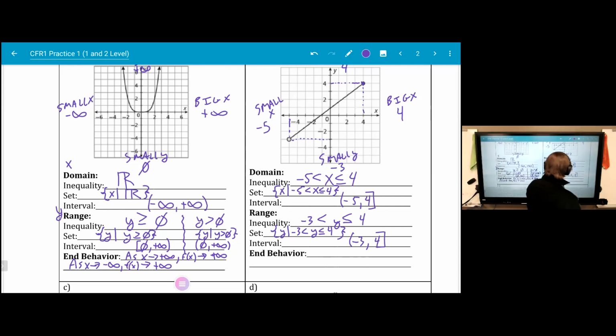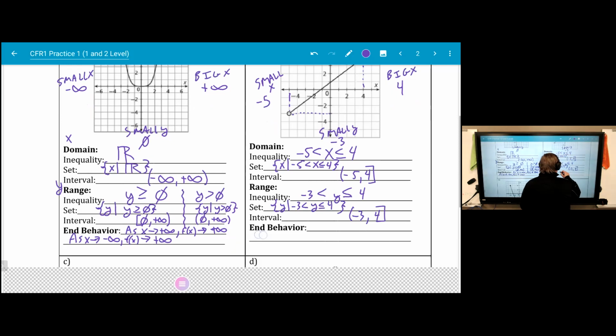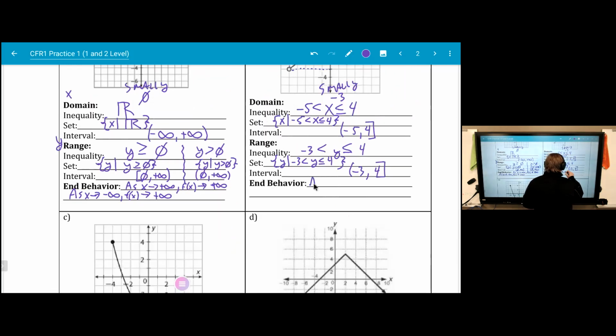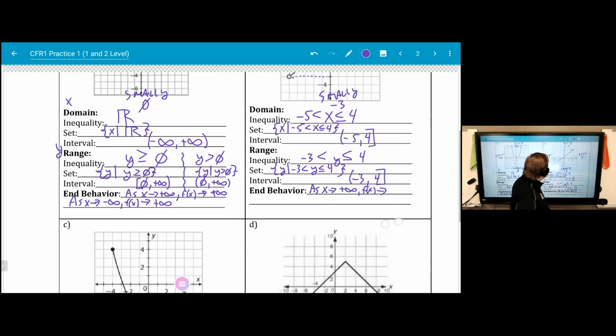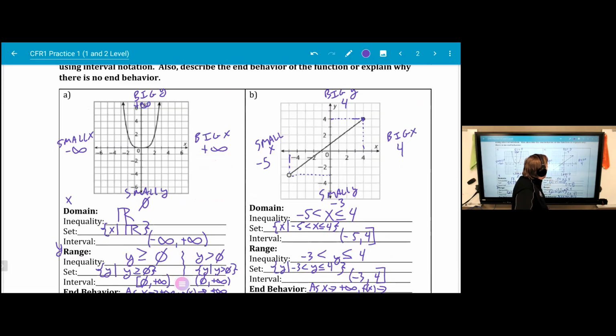And now onto end behavior. End behavior is literally what happens at the ends. What is happening at the arrows at the end? So as x goes to positive infinity, f of x goes to... let's look at the arrow at the end. There is no arrow. X doesn't go to positive infinity.